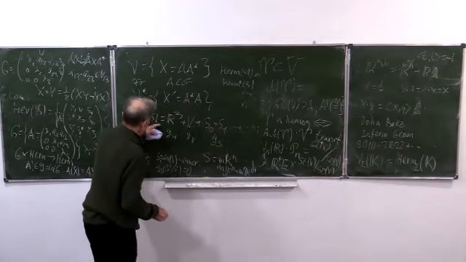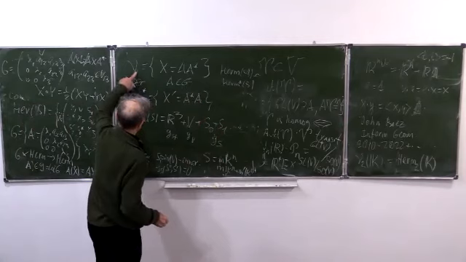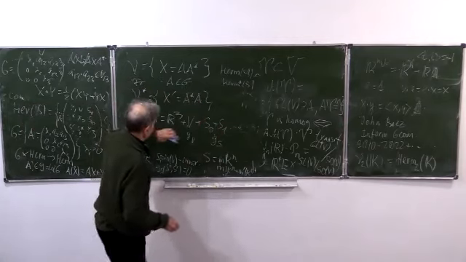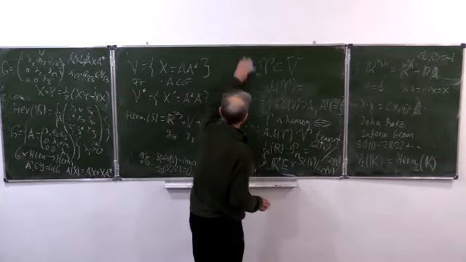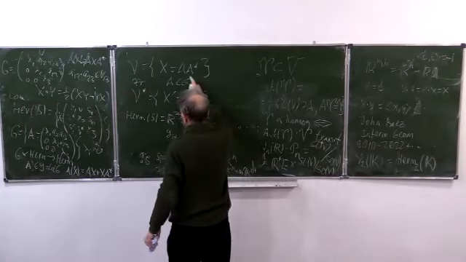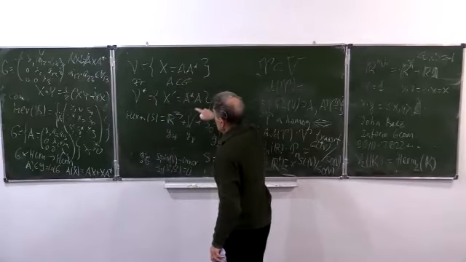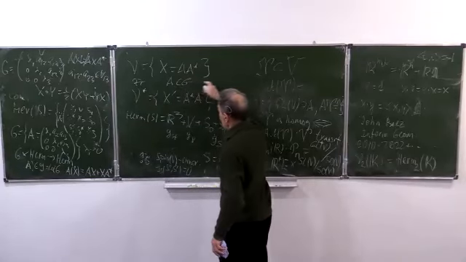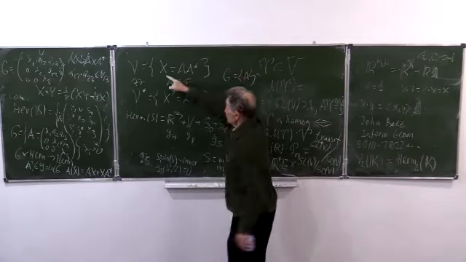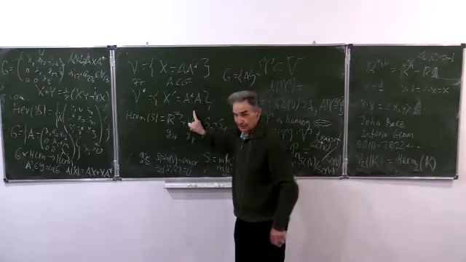Using this metric, we can identify V with V star, and then we have two actions of our group G with A, one action like this, another action like this.